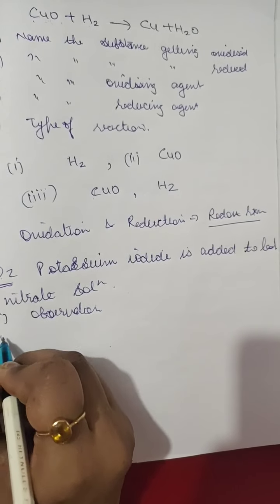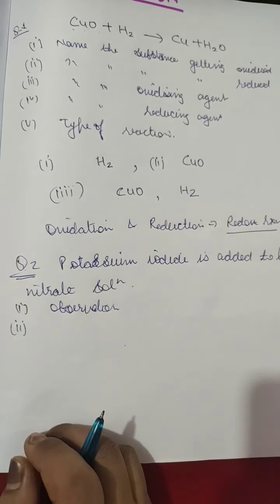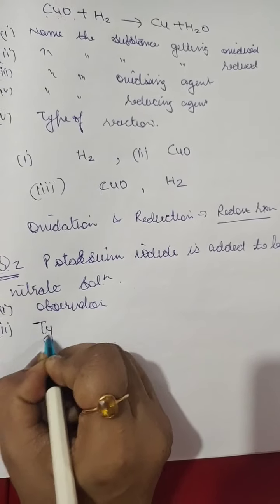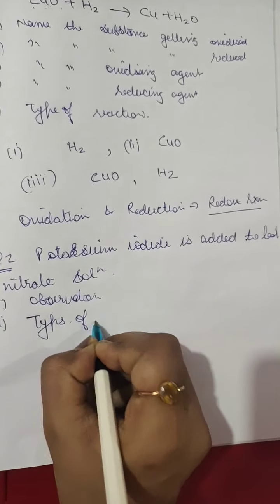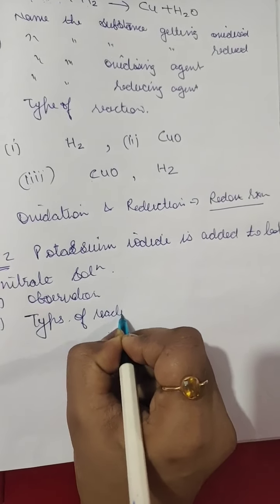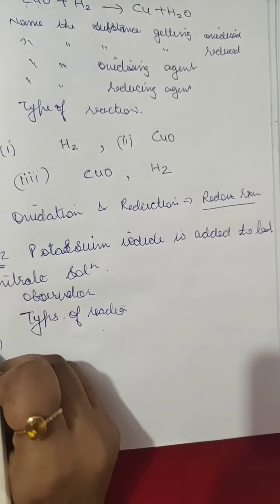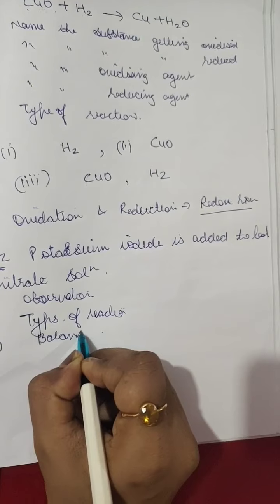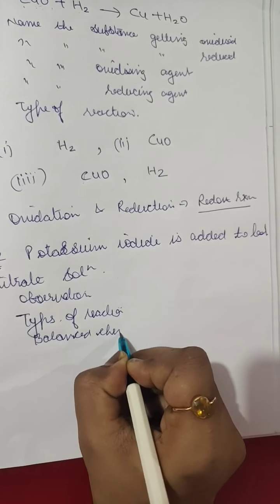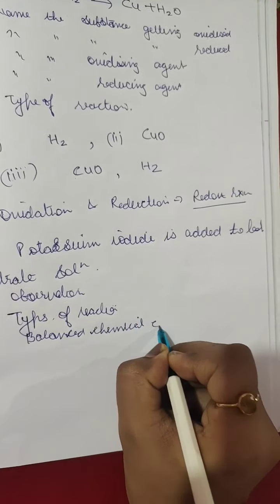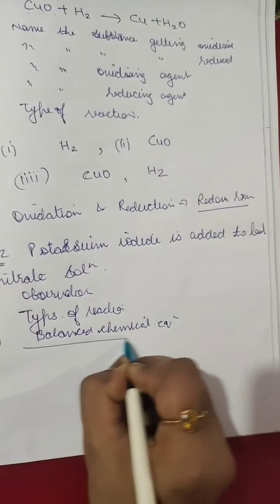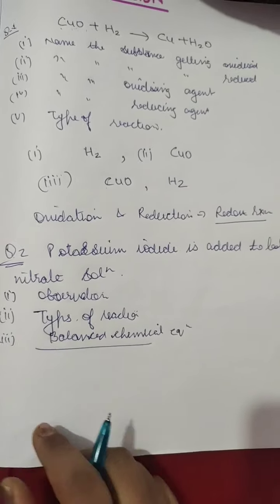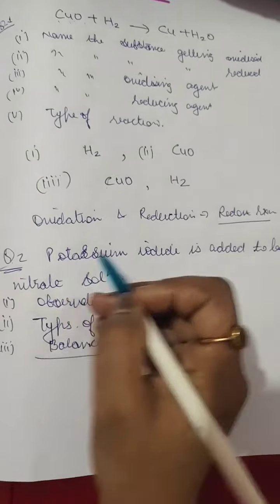Observation means what do you see when this reaction occurs. Then the type of reaction, you have to tell the type of reaction, and then the next would be to write a balanced chemical equation.